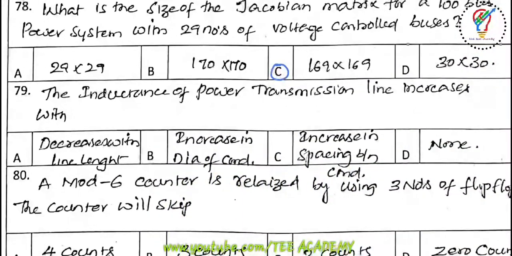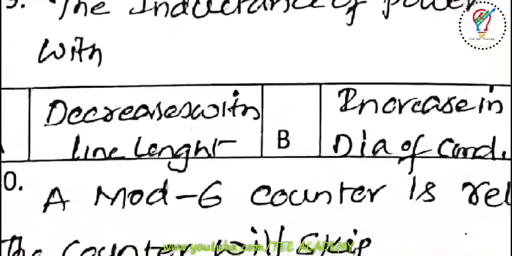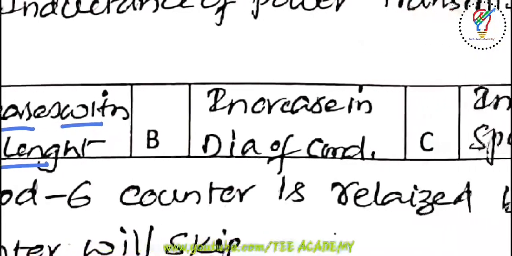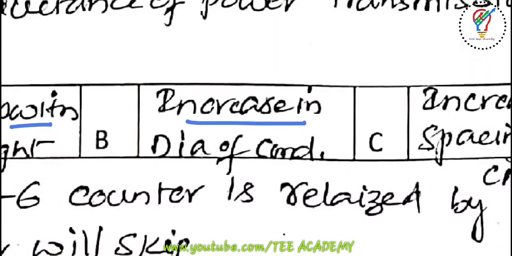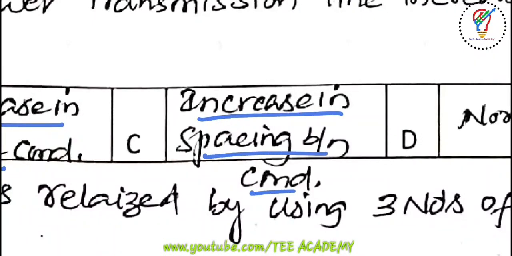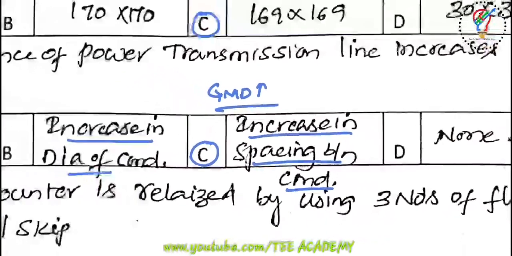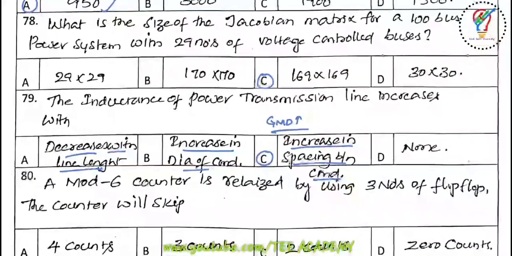The inductance increases with, decreases with the line length, no. Increases in diameter of the conductor, no. Next one, increasing the spacing between the conductors. So the right option is increasing the spacing between the conductors. Why? Because if you increase the spacing, automatically GMD will increase. So C is the correct option here.